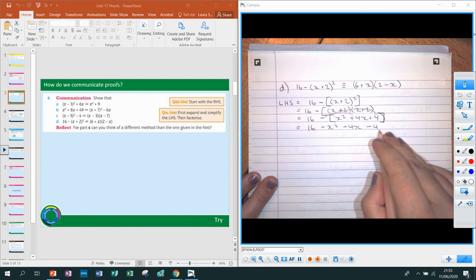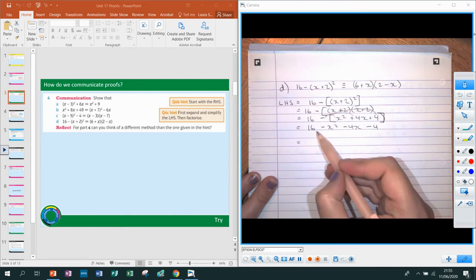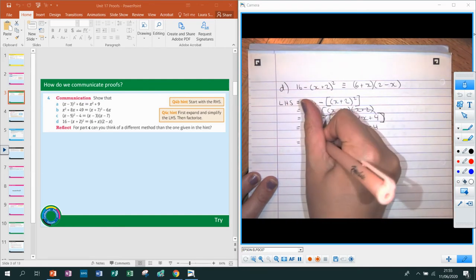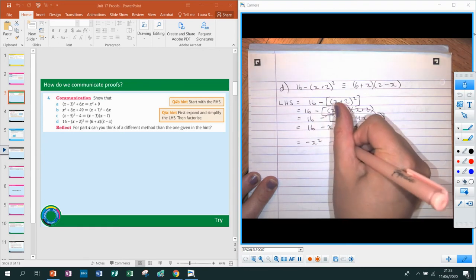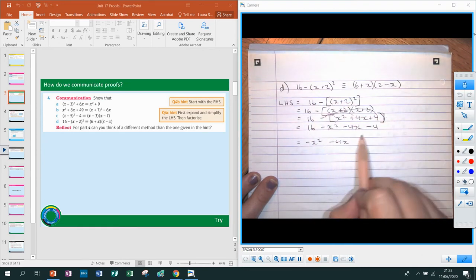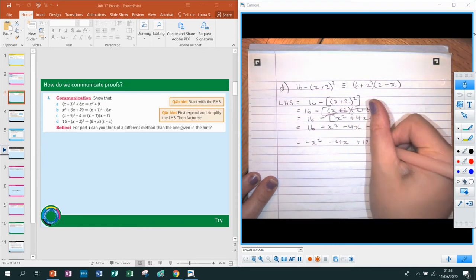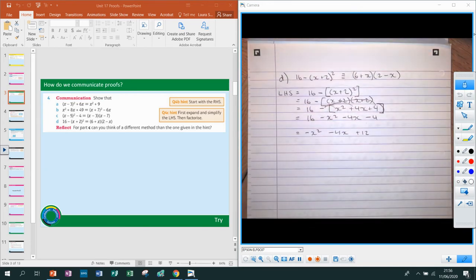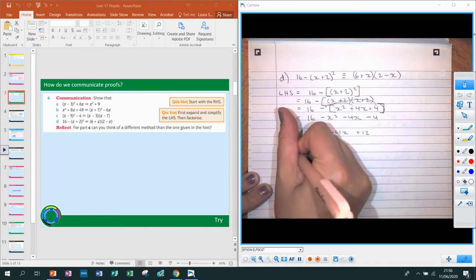Okay, we can simplify a bit. That leads to negative x squared minus 4x, and then 16 take away 4 is plus 12. So we've done the left-hand side. Now we need to do the right-hand side.